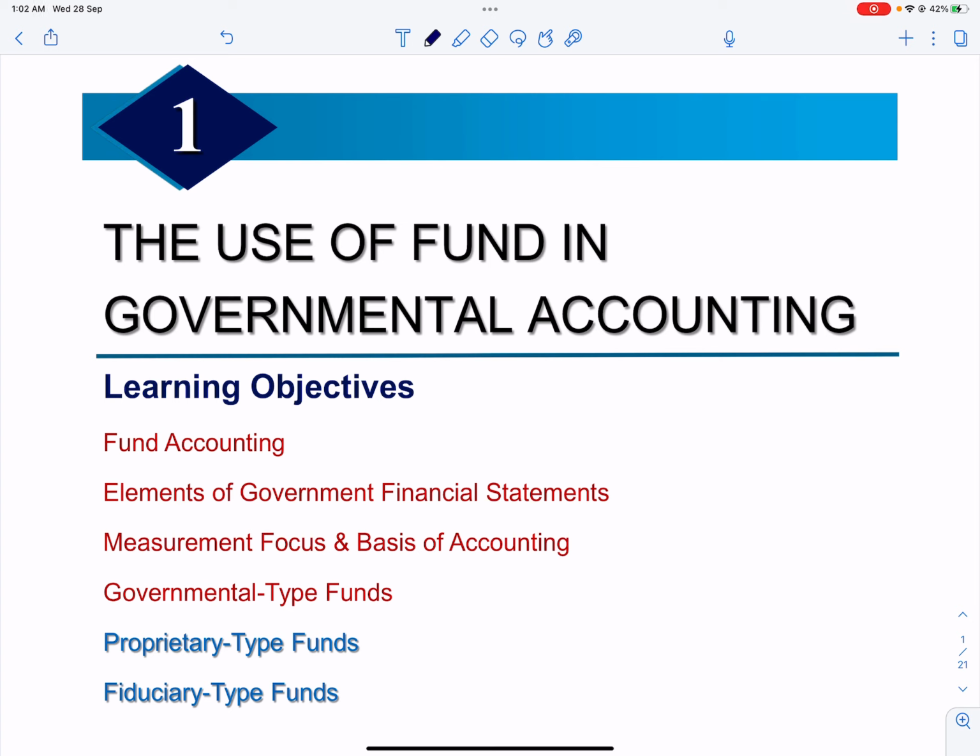We will talk about governmental type funds, and finally we are going to record some transactions under different bases of accounting like cash basis of accounting, modified accrual basis of accounting, and accrual basis of accounting. While we will talk at length about proprietary type funds and fiduciary type funds in the videos to follow.